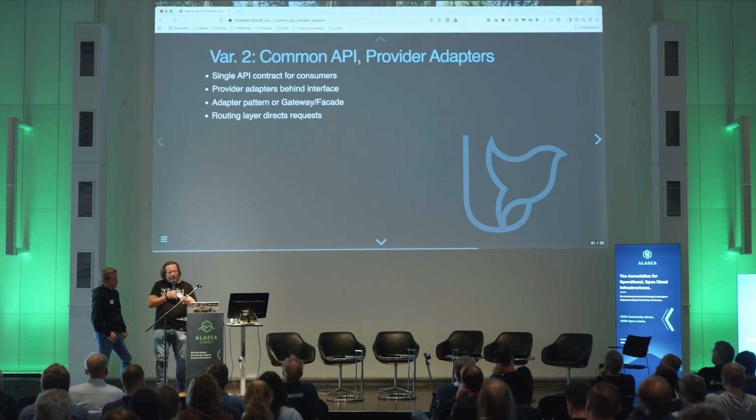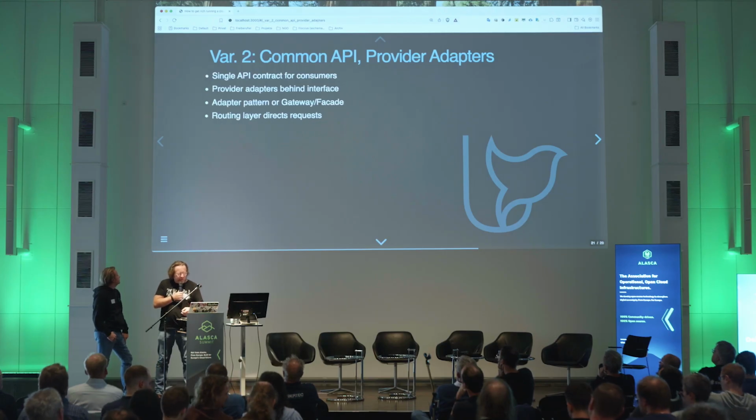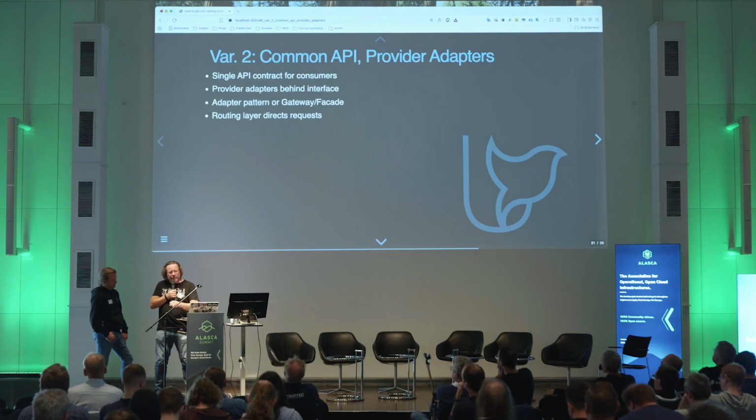The second variant would be to have a common API and some adapter for each provider, which goes into the direction we finally chose. So we would like to have a single API for the billing system or whatever other stakeholders are interested in the accounting data. We give them the same API independent of the cloud provider, which is also a little bit challenging because you do not have all facilities from each cloud provider.